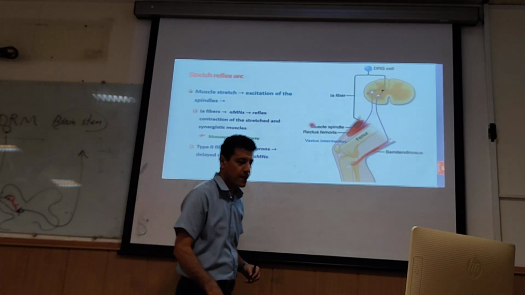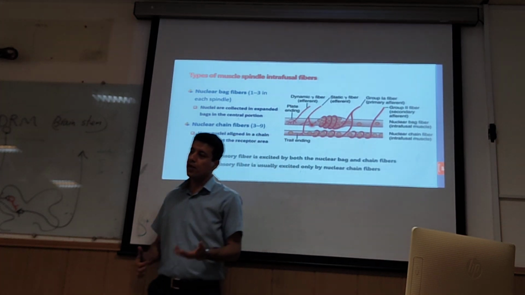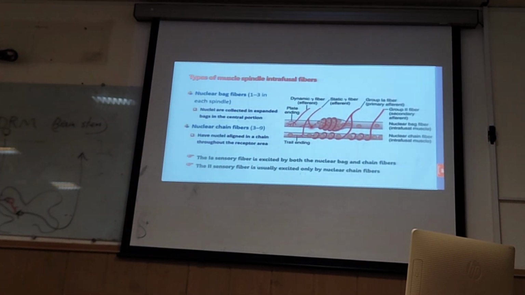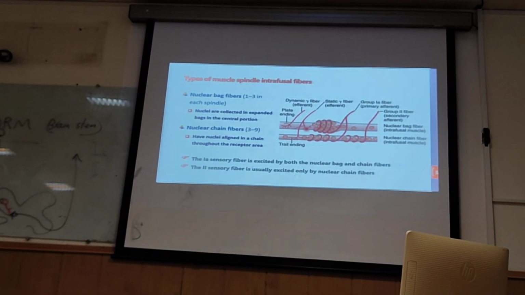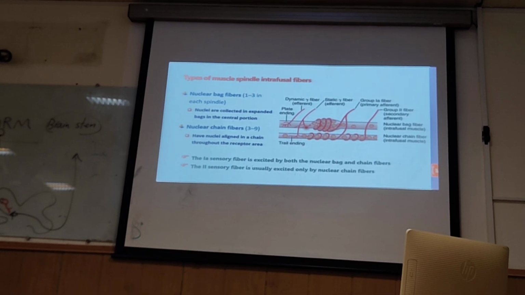Okay, so intrafusal muscle fibers are of 2 types. Some of them are called nuclear bag fibers. Others are called nuclear chain fibers. So we are talking about intrafusal fibers in the muscle spindle. Not all of them are of the same type.